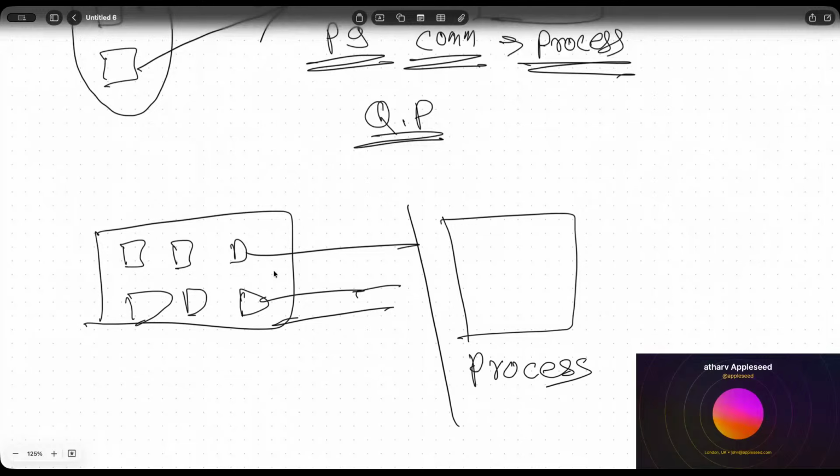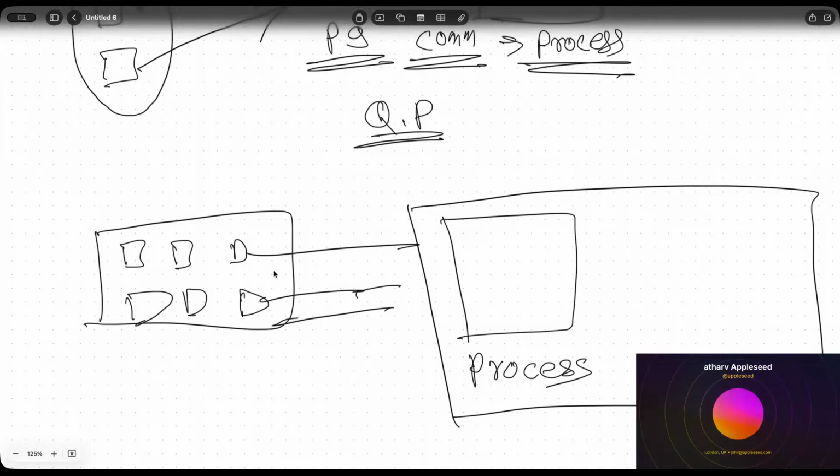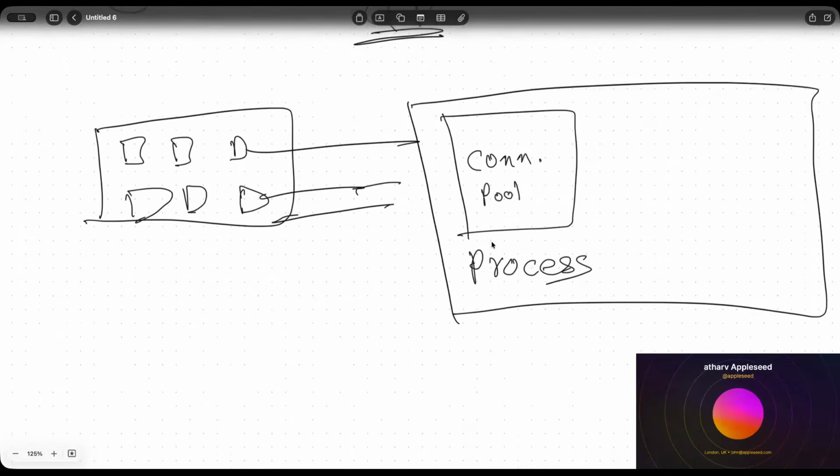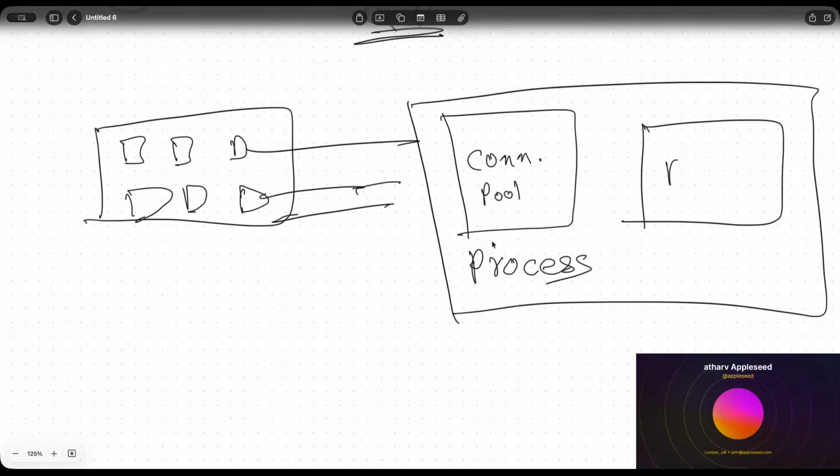Usually we keep the connection pooler in the same physical machine as our database instance. So this will be our database and this will be the same host machine. So physically these are the same machine.